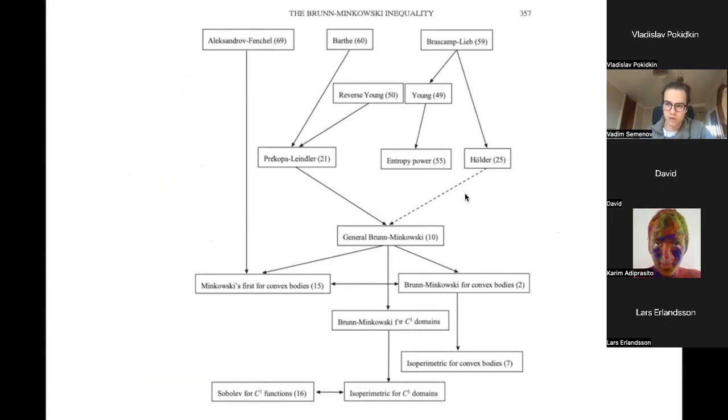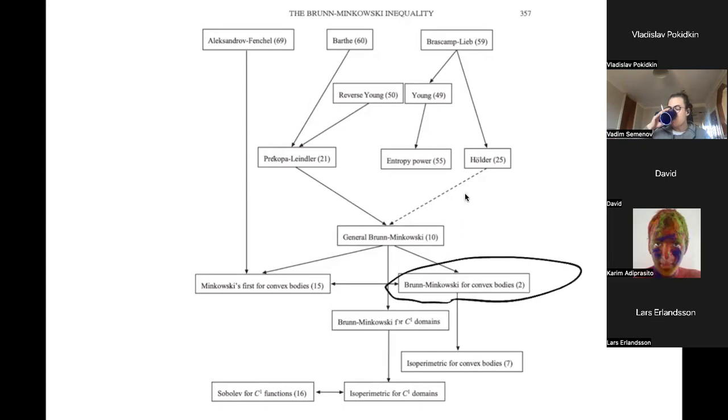This is another motivation for studying this problem, besides its very beautiful and visual structure. Here you can see Gardner's paper, and probably it is familiar to a lot of you. This is the relation of many different inequalities, and the one I mentioned is here: Brunn-Minkowski for convex bodies.